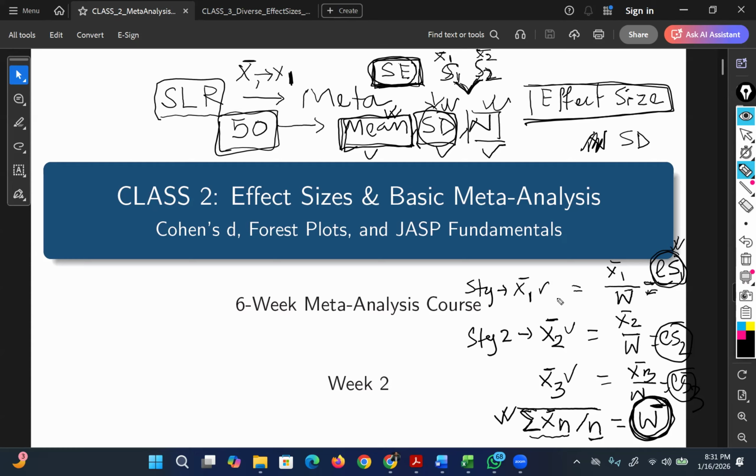Also, the two other important things: when we are calculating homogeneity or heterogeneity, we need, number one, the effect size, and number two, either the standard deviation or the standard error. It depends on the study. If it is a single group study, the standard deviation is the most preferred indicator.